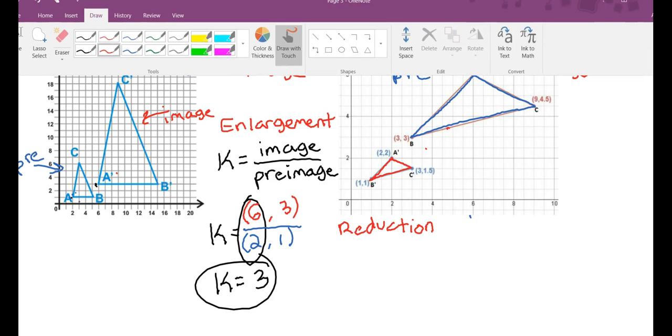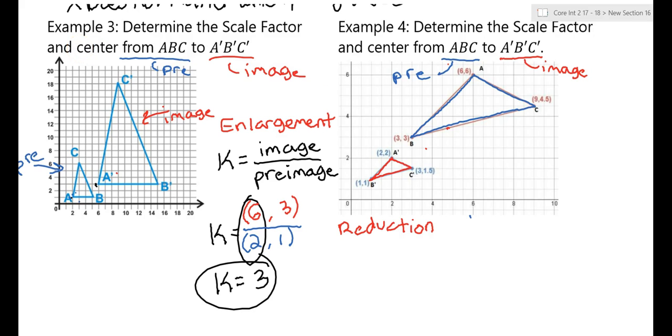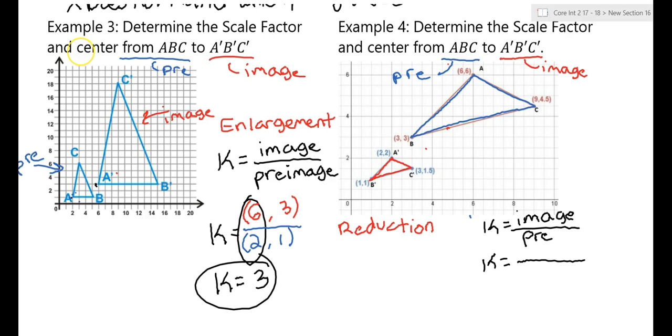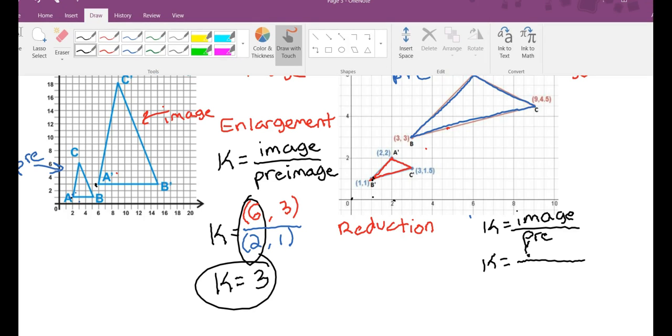And then, again, k equals image over pre-image. So in this case, let's choose point B for this one. So, image first. My image is my B prime. If you look at these, it's over 1, up 1. Wait, image is red.